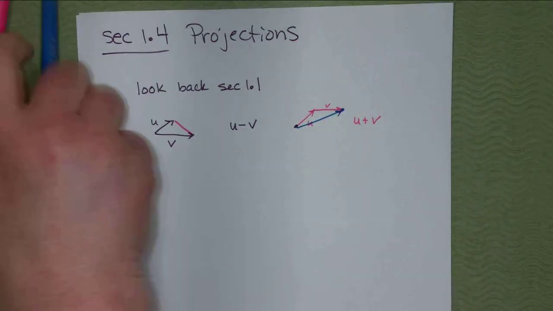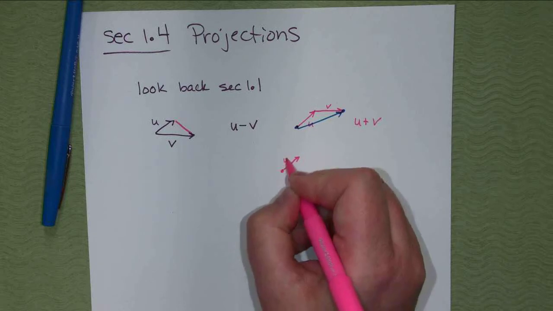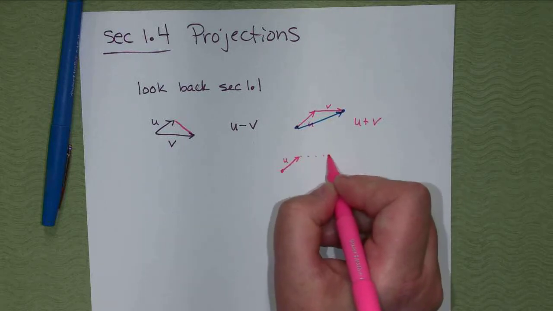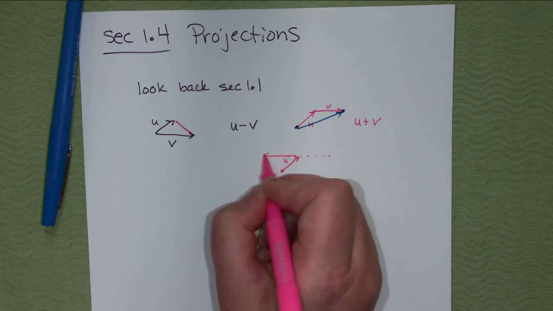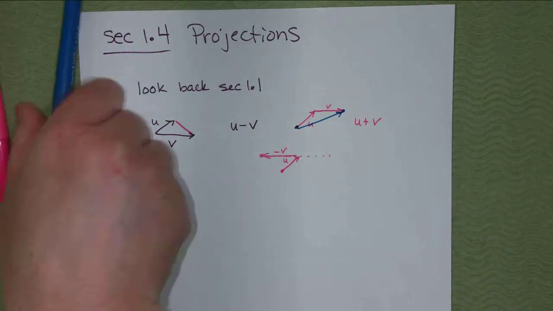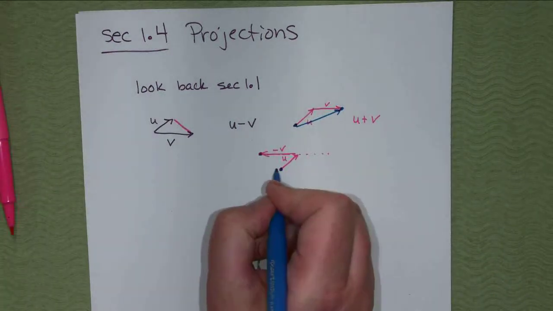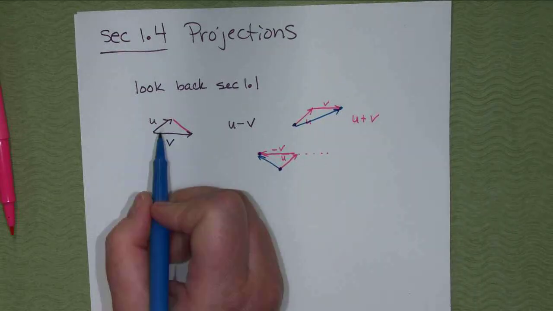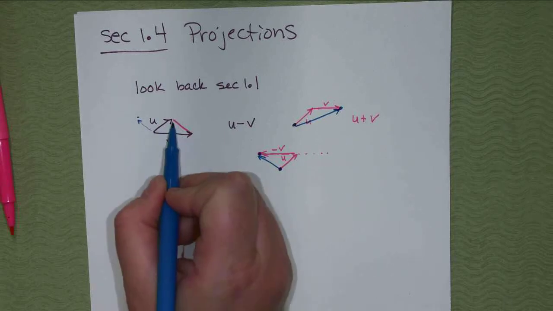If we were doing u minus v, we go u, here's our start, and instead of going over v this way, that would be plus v, we go in the opposite direction, over here. So here's minus v, and here's our end. So the vector started here and ended here, so it's like this. So what I do is I go u minus v is here, so that's like this, so the arrow goes that way.